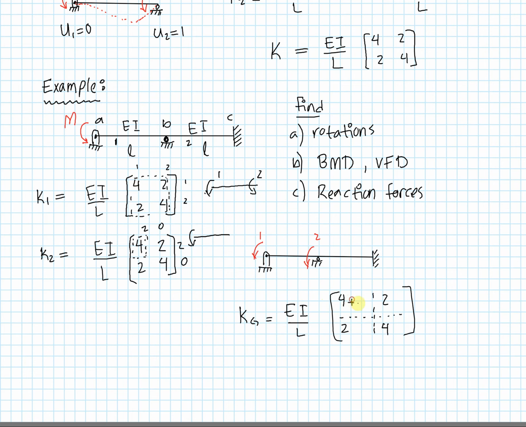So I get a plus 4. Okay? And actually, this should be plus 4 because it's 1, 2, 1, 2. So the 2 needs to go in the second index.